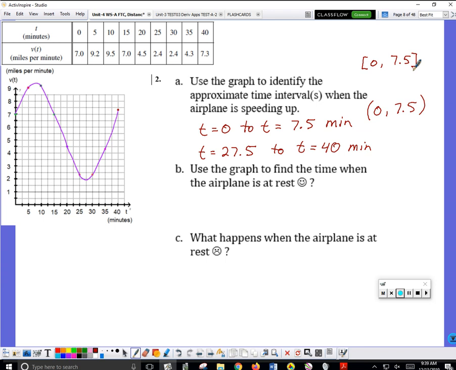So, Mary? It was like 0 is less than t, and t is less than 7.5. Also fine. Yeah, they'll accept that. 2 points. Would you start with the units?